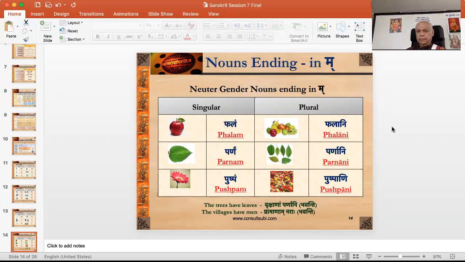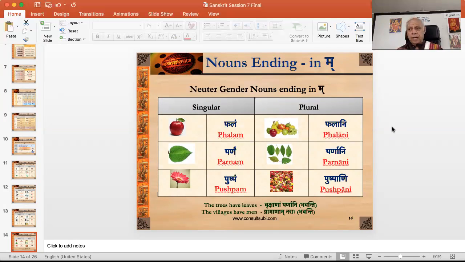Parnani, many leaves. Pushpam, pushpani. Aham pushpani pujayami. I offer worship with many flowers. You see, ni is coming. Phalam, phalani. Parnam, parnani. Pushpam, pushpani.